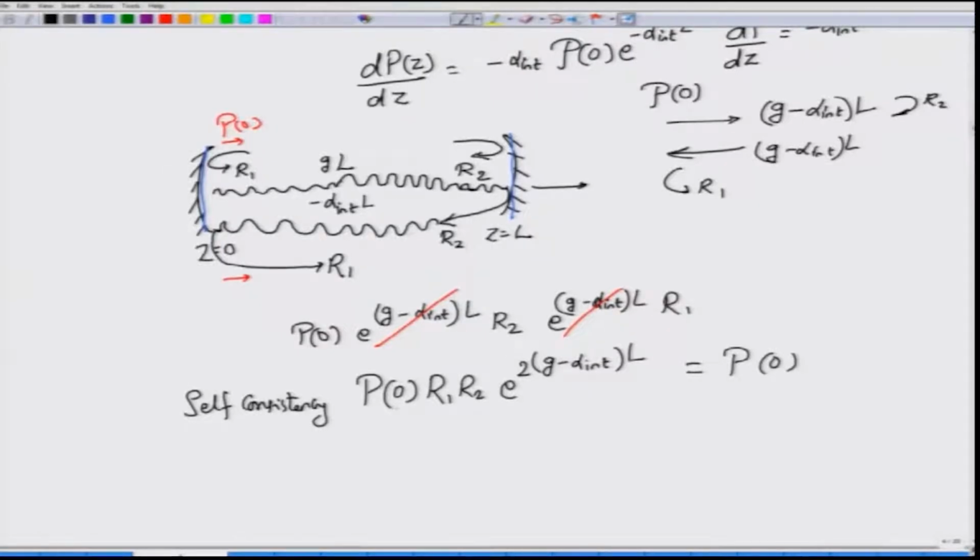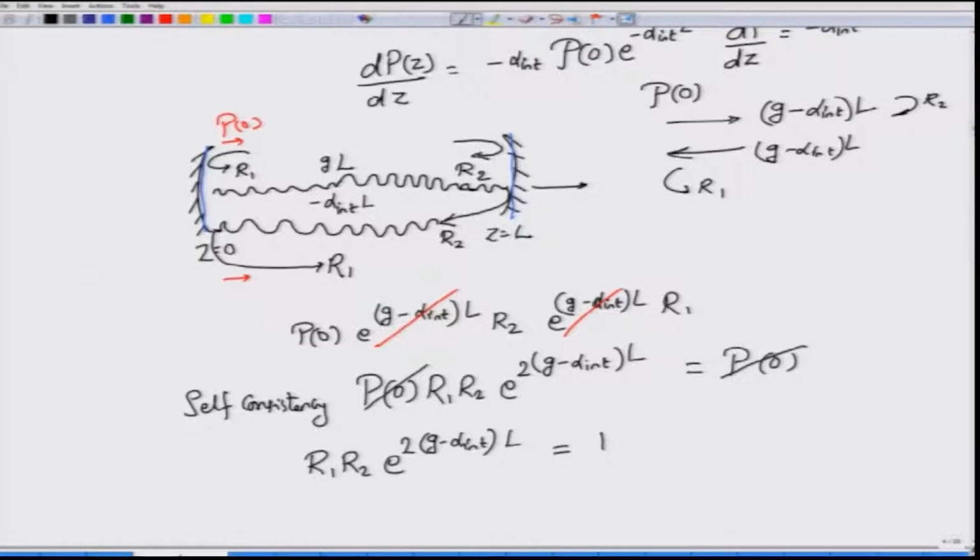So, for oscillations to be sustained, it is necessary that this power must be equal to the power P of 0. From this you can cancel P of 0 and then arrive at a relation which is R1 R2 e to the power 2 times g minus alpha int into L must be equal to 1.